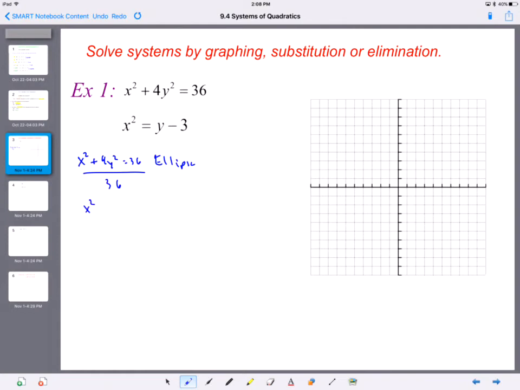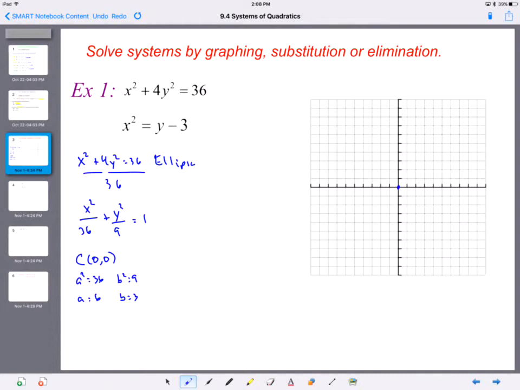We get x squared over 36 plus y squared over 9 is equal to 1. And so it's in standard form. Your center is at 0, 0. Your a squared is the largest at 36. B squared is 9. So we know a's distance is 6 and b's distance is 3.